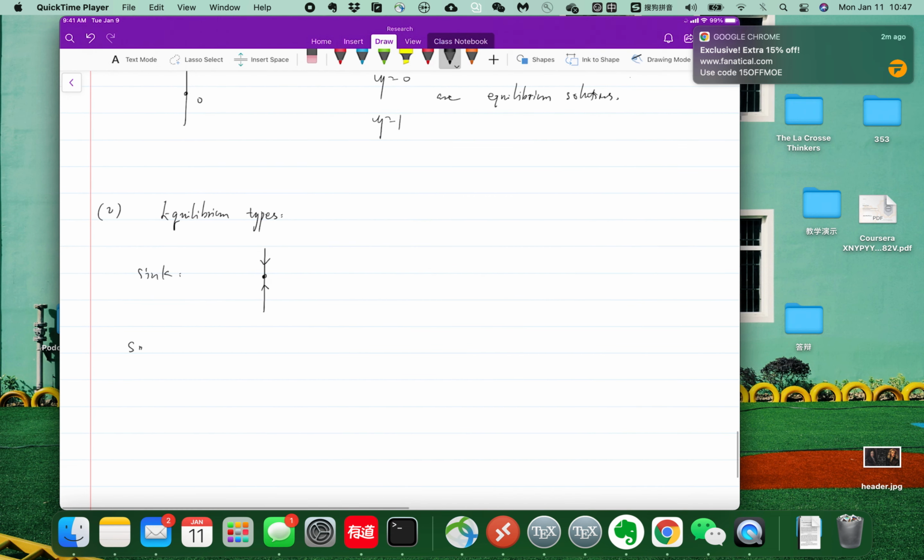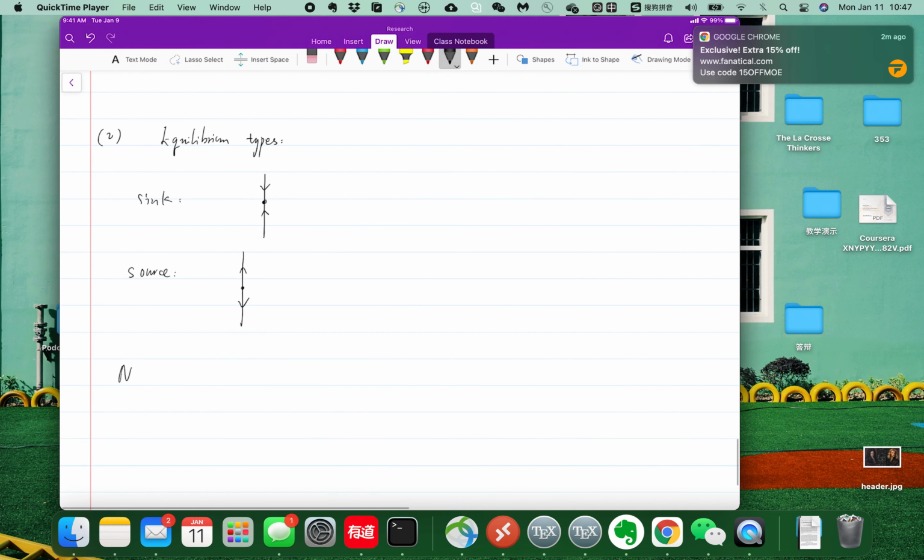We have the source, something that repels the things that are around it. And finally, we have the node.